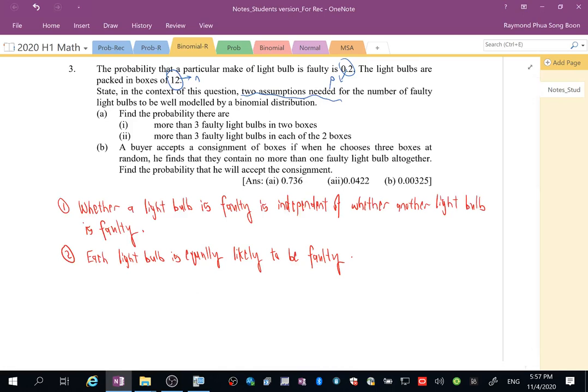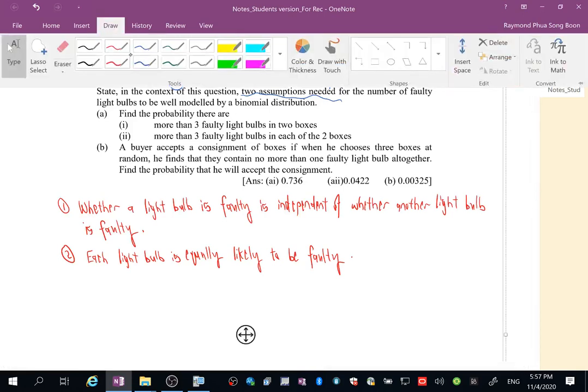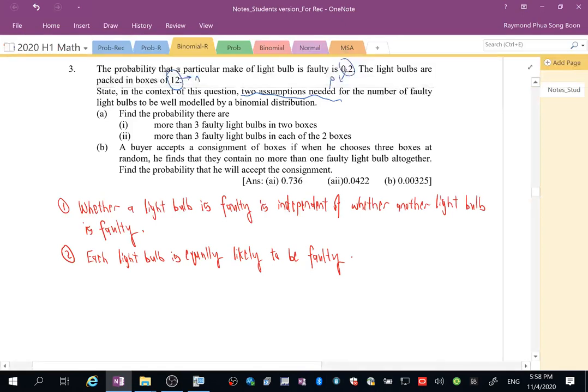The third condition is that the probability of success, or p, must be constant for each trial. In this case, we can phrase it as: each light bulb is equally likely to be faulty.